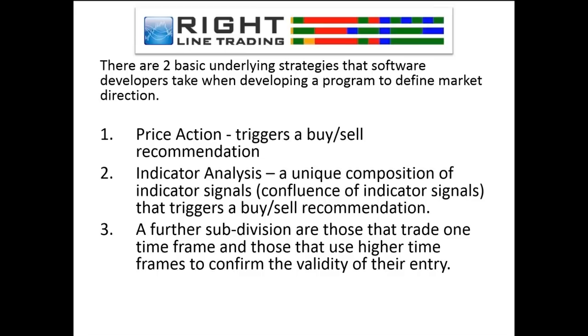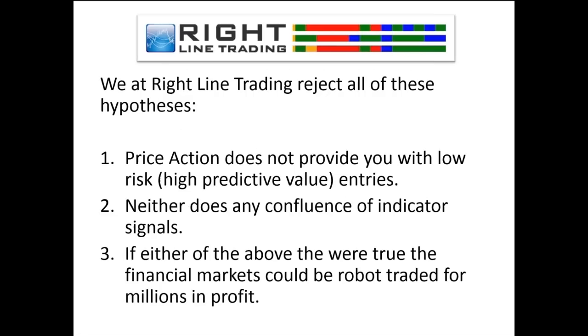I mean, no single indicator-based system that tries to get you into a trade based on some confluence of indicator signals without taking into account market structure is strong enough to make you a profitable trader. And I know you've seen a lot of these systems, and when they're evaluated in retrospect, they all look great.